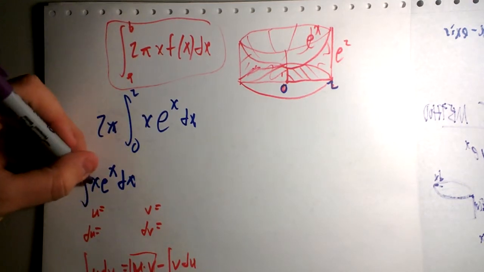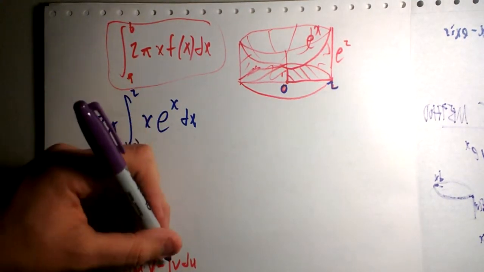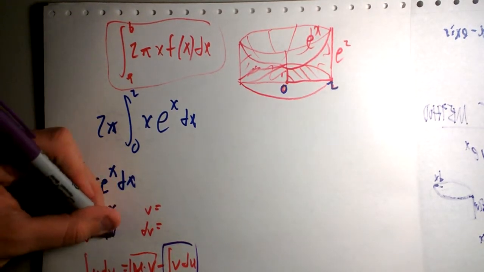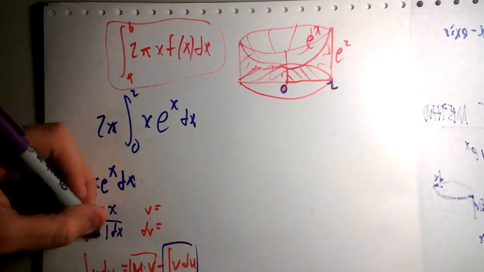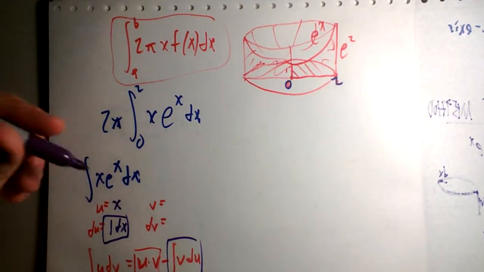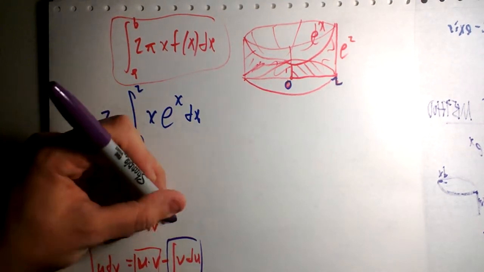So let's set u equal to x, because I want that x to go away when we put it in this portion right here. That du is just 1 dx, and so that just goes away. Now what else can we do? If this is x, then our dv has to be e to the x.